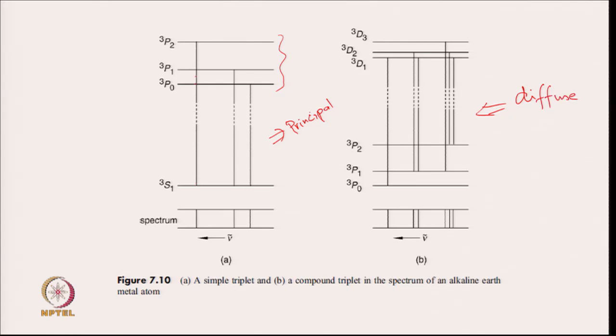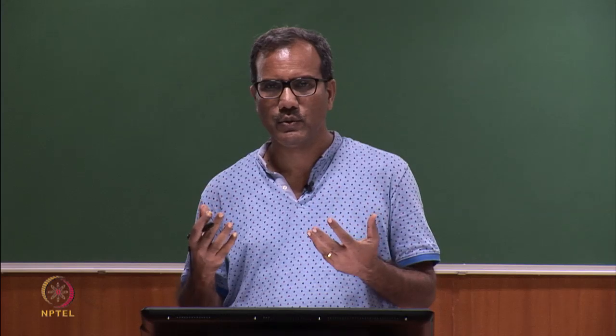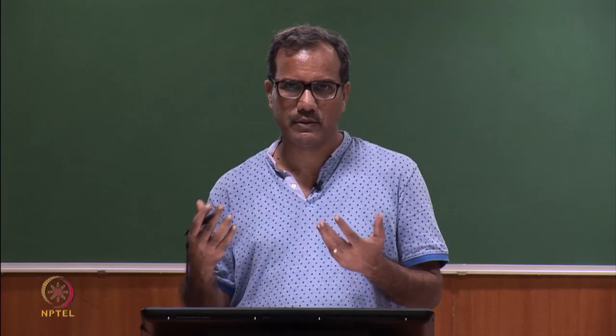You can see that all 3 transitions are possible because you are going from 0, plus or minus 1. Here there is only one possibility, from this place there are 2 transitions possible, and from this state there are 3 transitions possible. So, once you know the selection rule, it is quite easy to know how many transitions are possible, and that can tell you what the spectra of different metals look like.